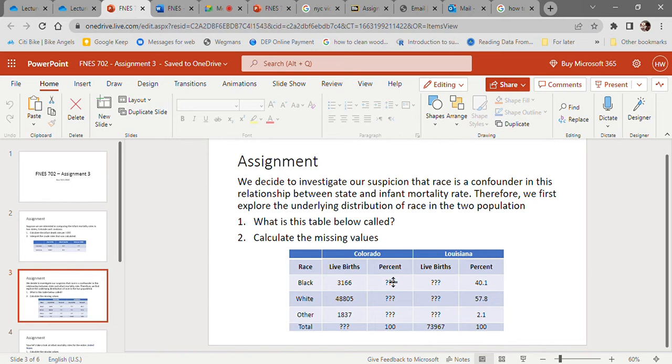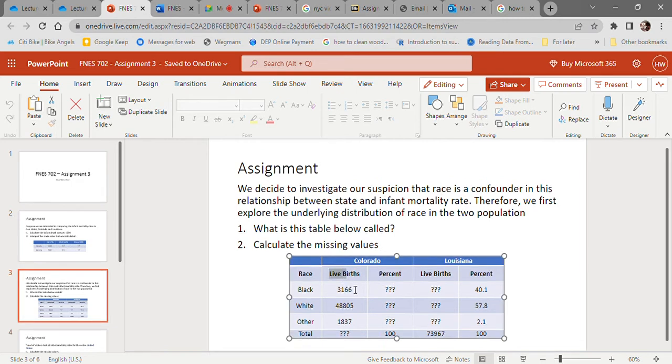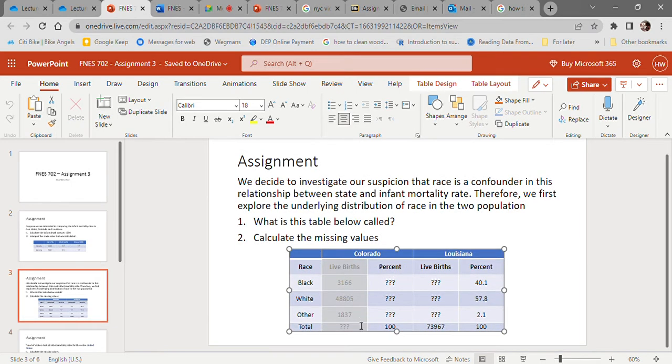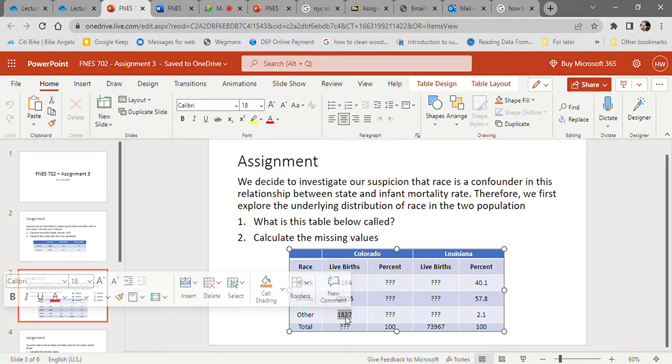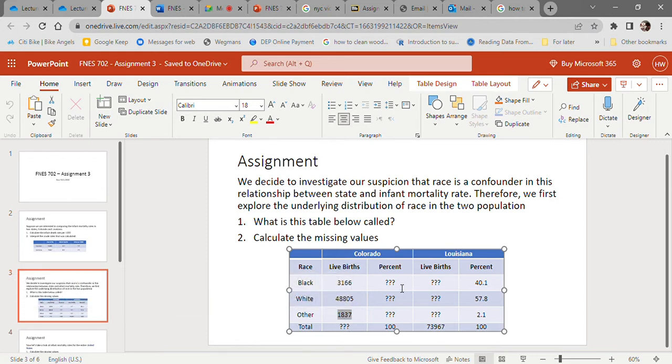This is the total population of Colorado. What is 3,166? What's that percentage? It's going to be this divided by this. And to calculate this one, it's this divided by that. And then other divided by total will give you that percentage. These three numbers should sum up to 100. So far, so good?